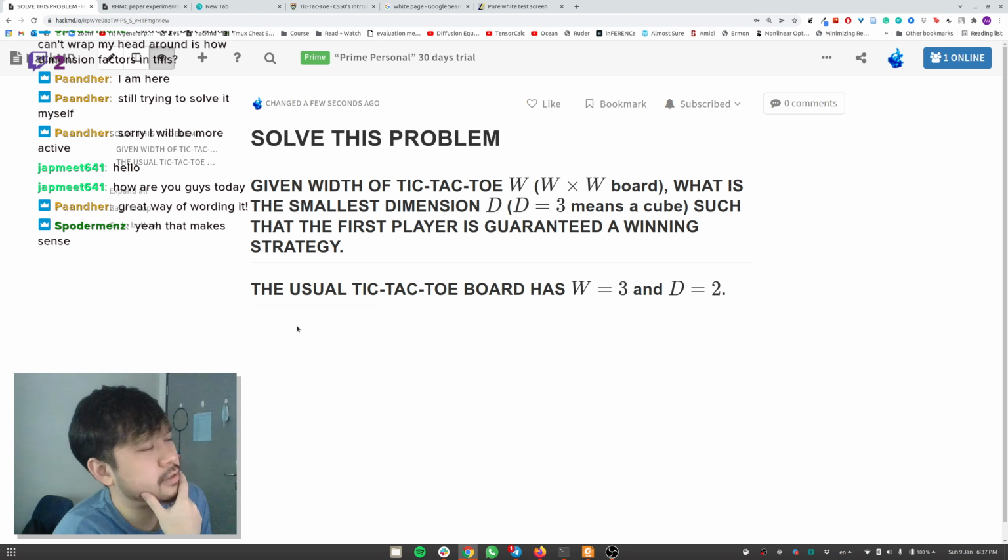How does the width matter? Maybe because the dimension is just high enough. Okay, a bit of insight. Let's say you can imagine a very large width, right? 1,000, whatever.